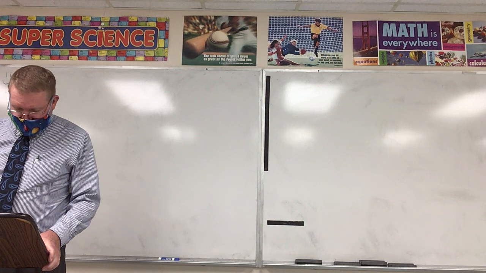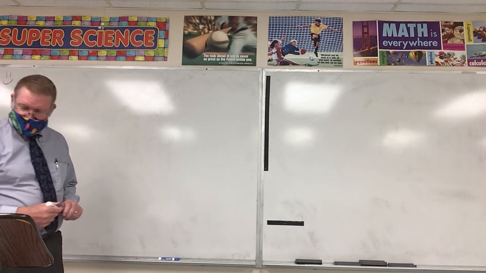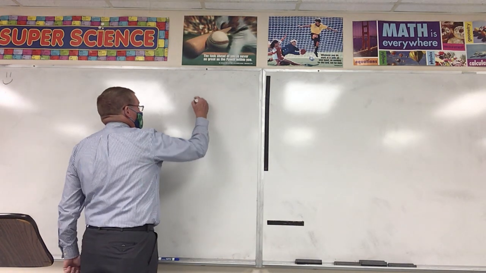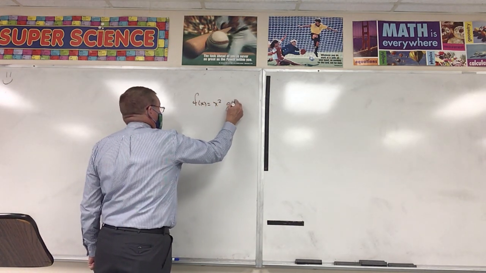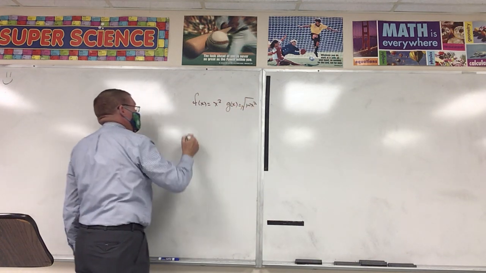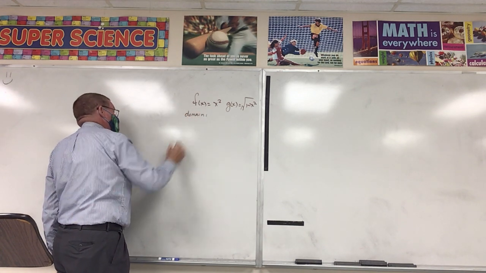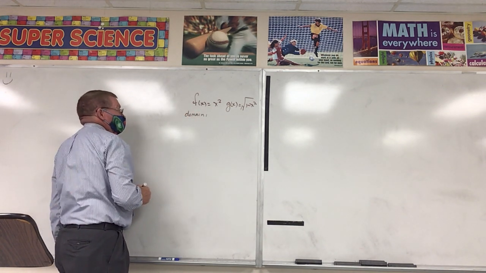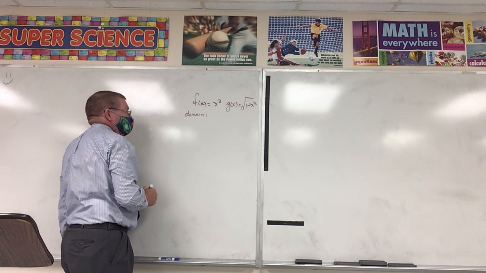Number 7. X squared, u of x equals 1 minus x squared. X squared was my domain. Is it y or x?